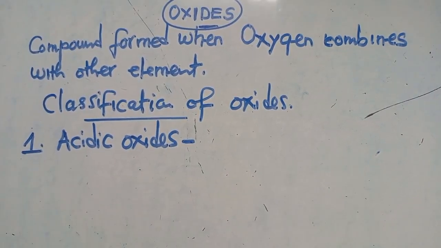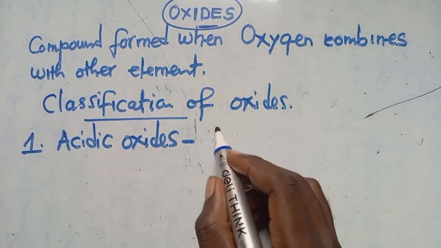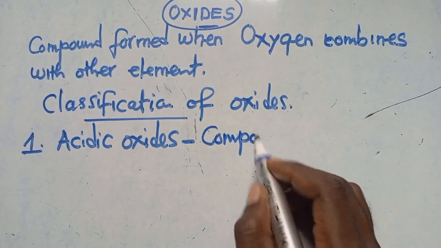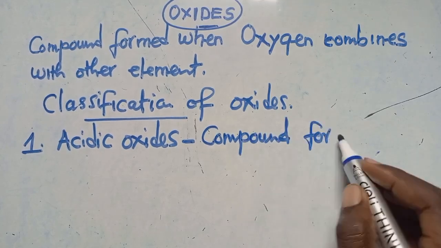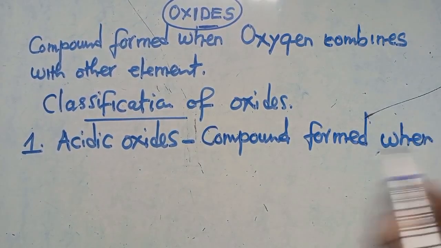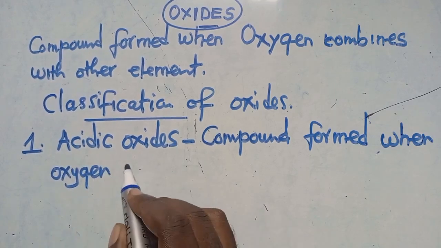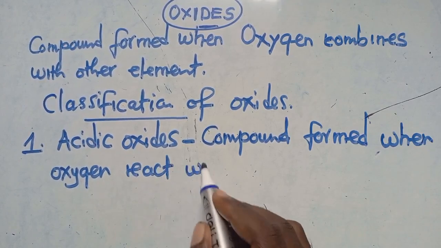So you ask yourself, what is an acidic oxide? You need to understand that acidic oxides are oxides of non-metals. In other words, an acidic oxide is a compound formed when oxygen reacts with a non-metal.